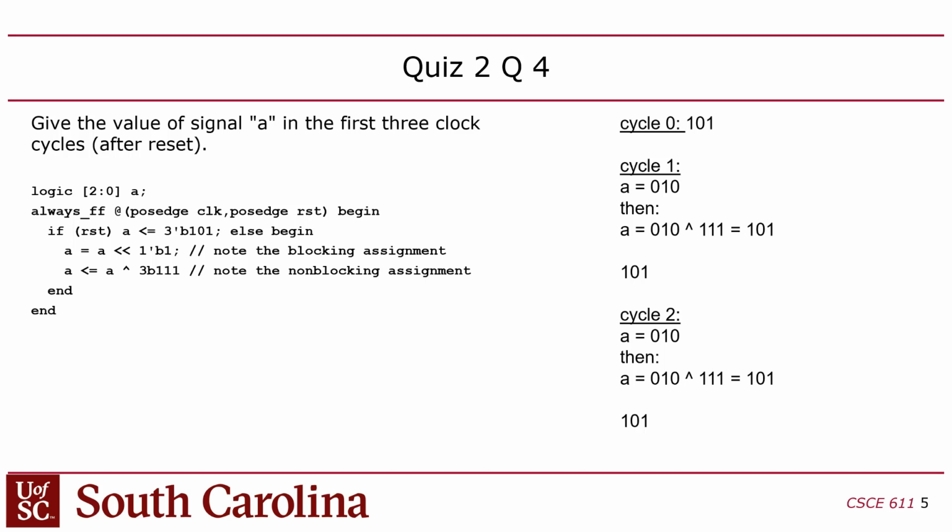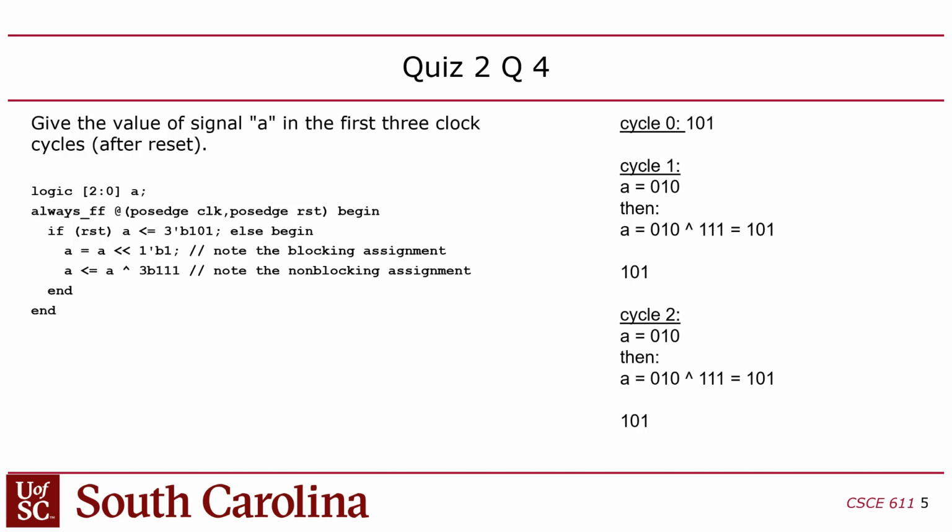So in this case, we do have a data dependency. We change A, and then the next line of code will recognize the new A, right? So A gets shifted 1 bit to the left, and then we take the value after shifting it to the left and flip all the bits by doing an XOR with 111.